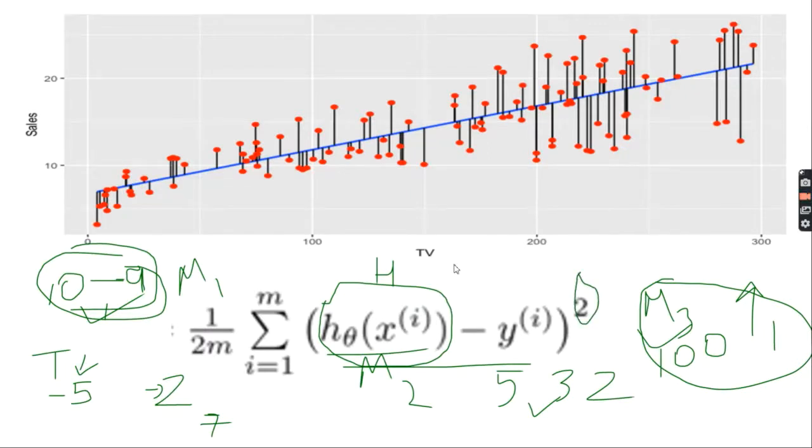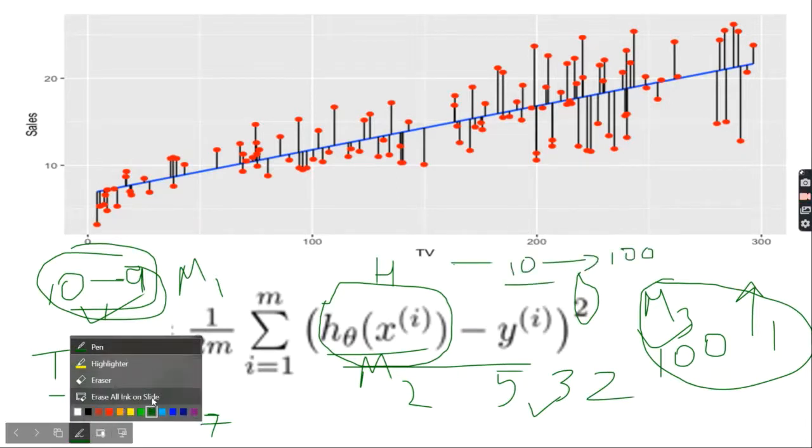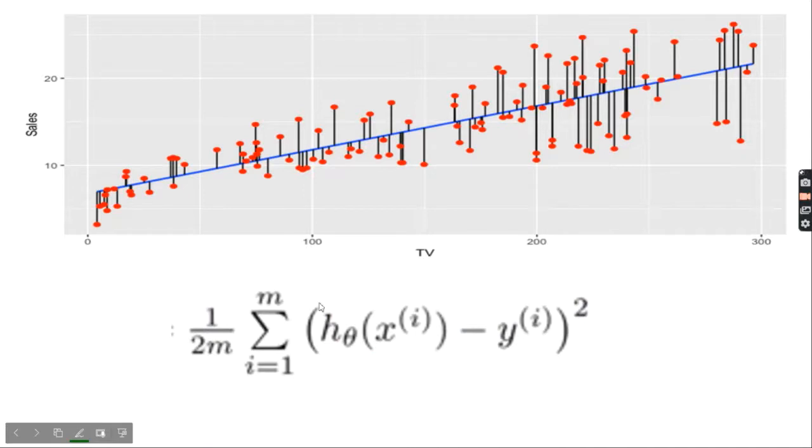The worst models would perform way worse if we have a squared function rather than a simple absolute difference, so that's a good way to think about it. This cost function is usually used in linear regression. m is the number of examples here, and this is the average operation.